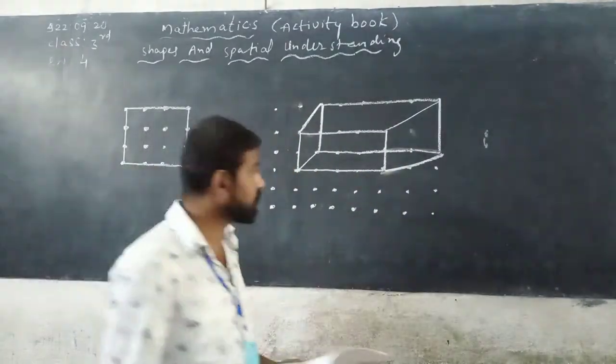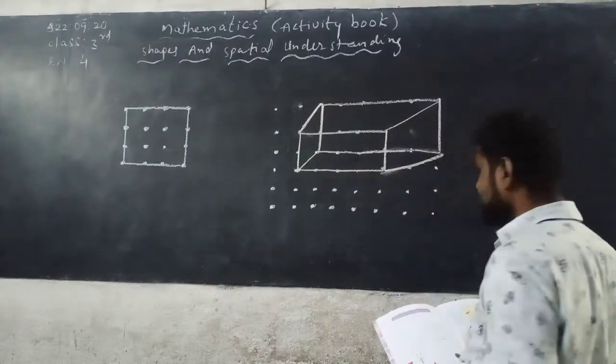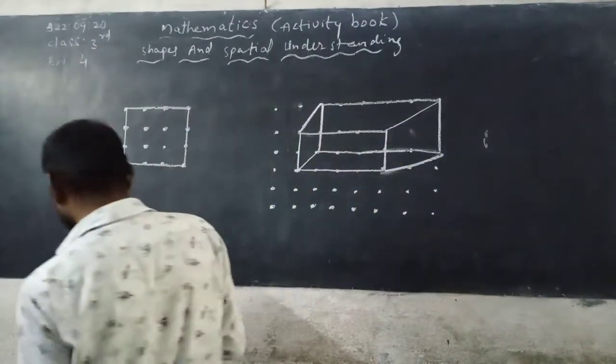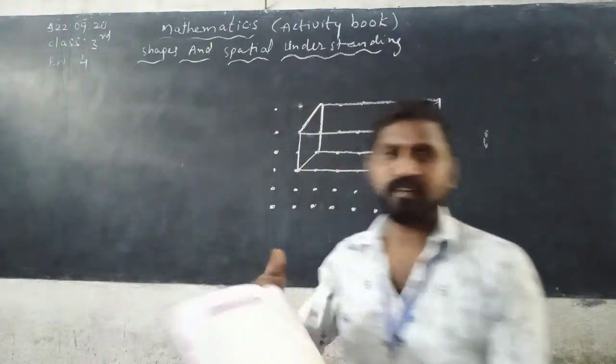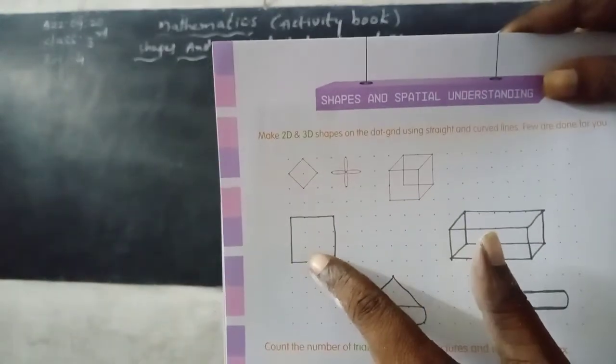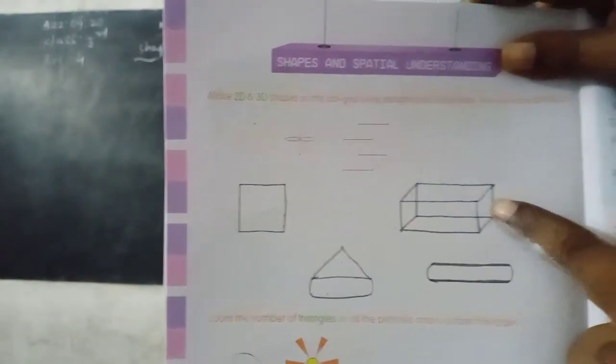Now next, you can draw this like only. This is square, this is cuboid, and this is cone.